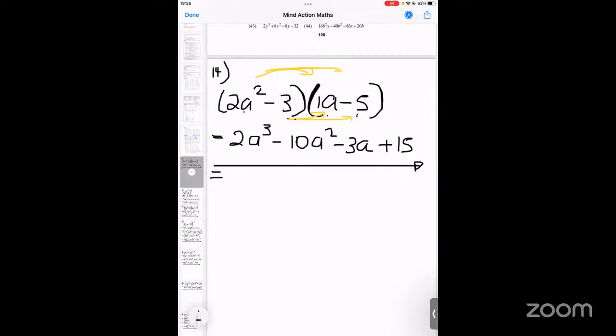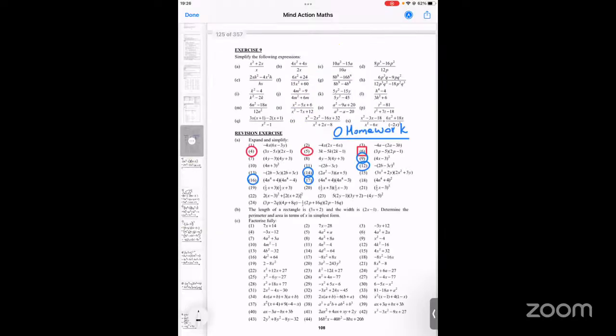But it looks like number 16 is almost the same as number 17. I don't know why. Let me quickly go there. What is the difference between number 16 and 17 except that the other one is negative 3?